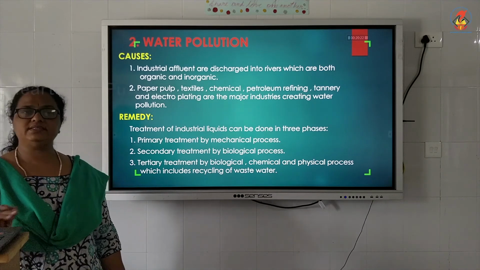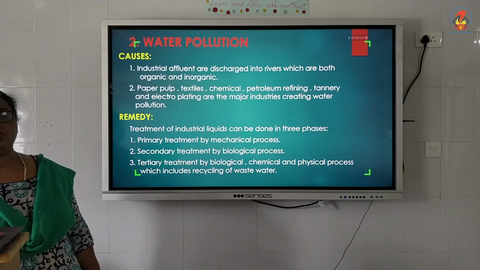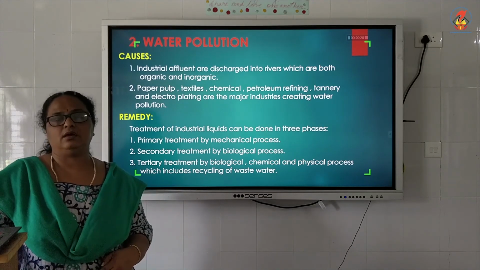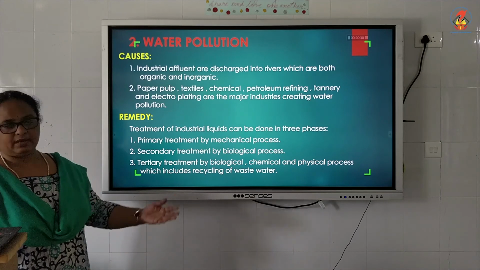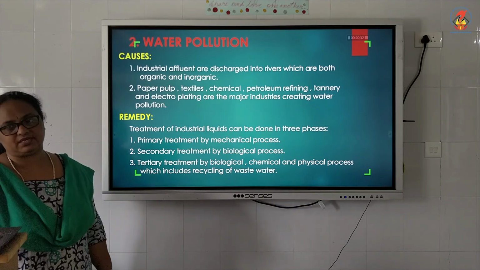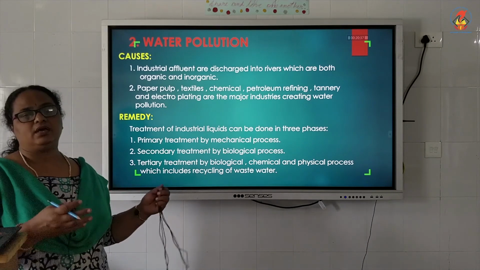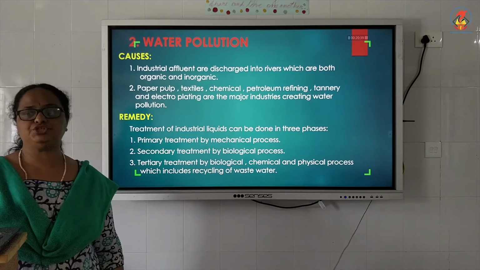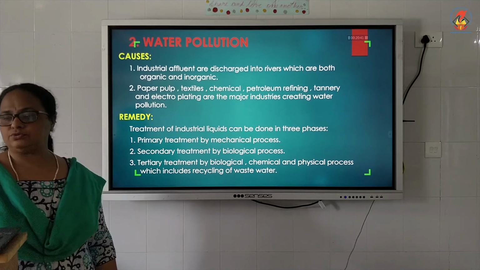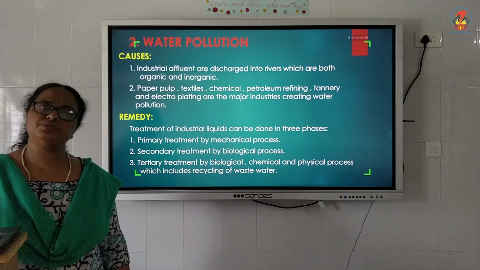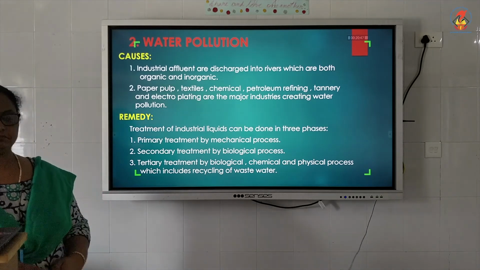So likewise, it is possible for us to take remedies and precautions in these industries. It is the prime responsibility of the authorities of these industries to make sure that the remedies for water pollution are introduced.